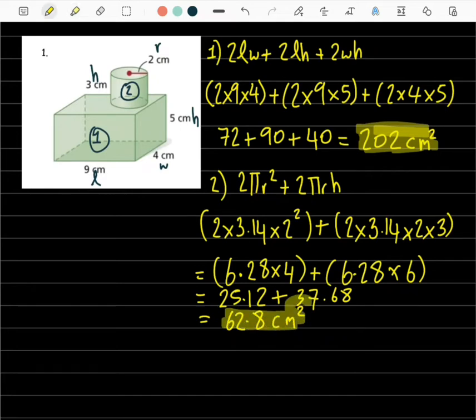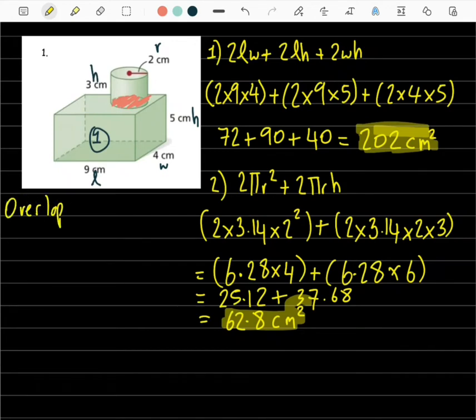All right, now we are almost done, guys. Now the next one, if you take a look at this, there is an area which we have calculated in both the rectangular prism and the cylinder, which we are not going to take into consideration. This is what we call the overlap. Let me highlight it right here. This space right here is what we call the overlap. Now let's find the area of the overlap.